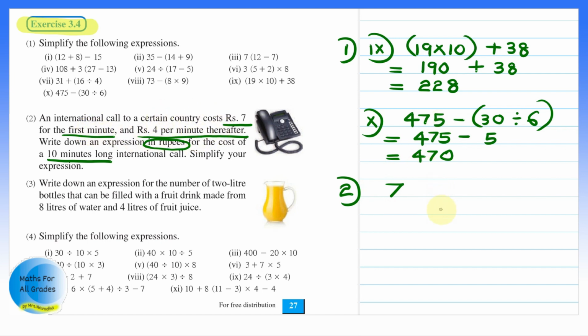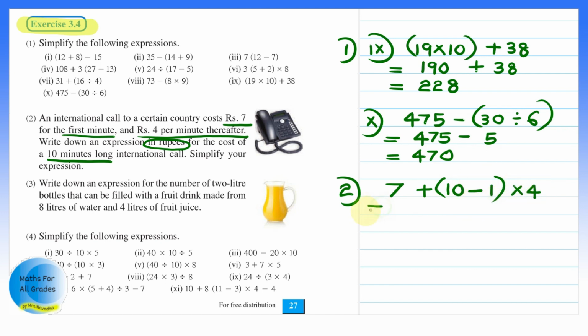Now to find out the charge, you have to multiply the minutes by its cost. So for the rest of the minutes, how are we going to write that down? 10 minus 1. 10 is the total minutes of the call. And here you subtract the first minute. Then you get the rest of the minutes. To find out the charge, let's multiply this by 4.